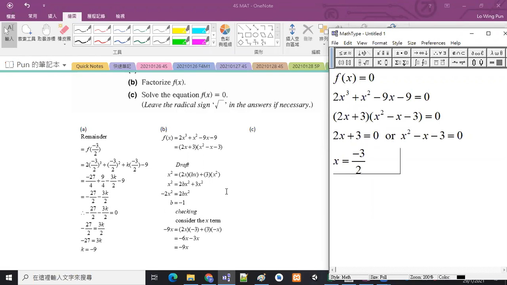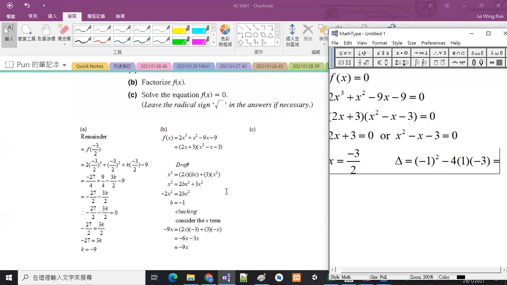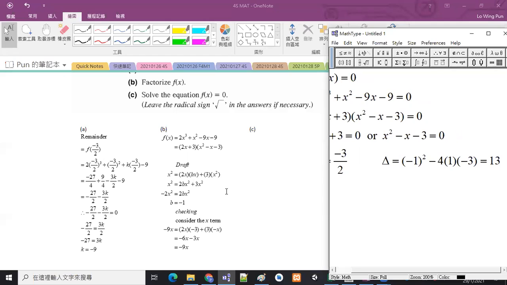formula. When I teach you the quadratic formula, it is like this: b square minus 4ac is the delta first. Okay, so that is equal to 13, I think, right?